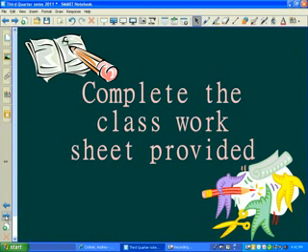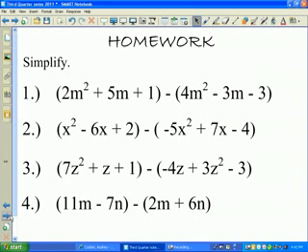So after we did some practicing, I had them complete the classwork, which is also on the website under the classwork section. I think it's for March 18th or 17th and 18th, but I actually have them work on it today since I kind of boost everything up a day because of the assessment. And the last part was their homework assignment.